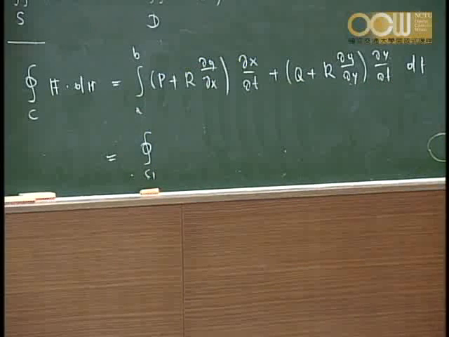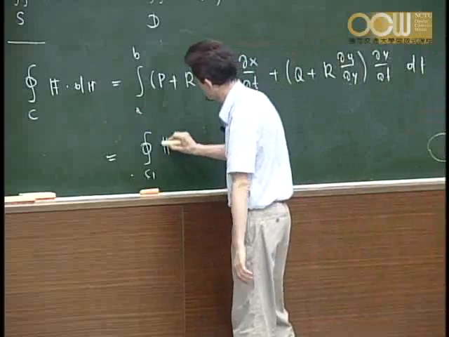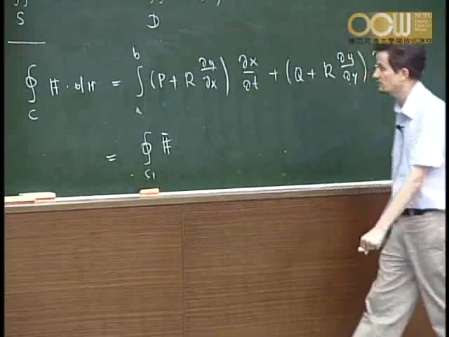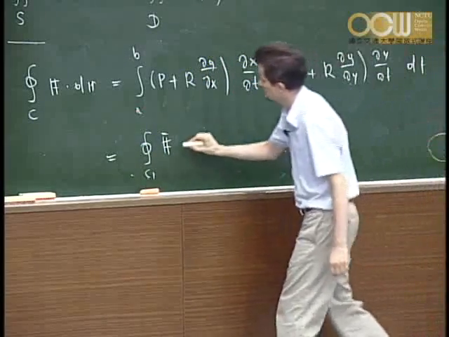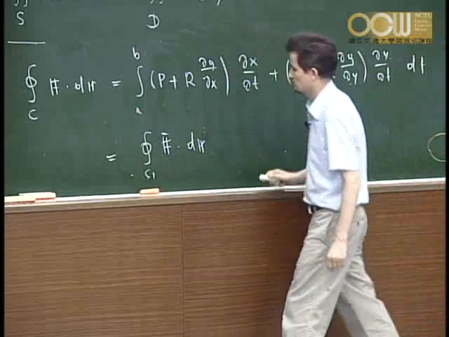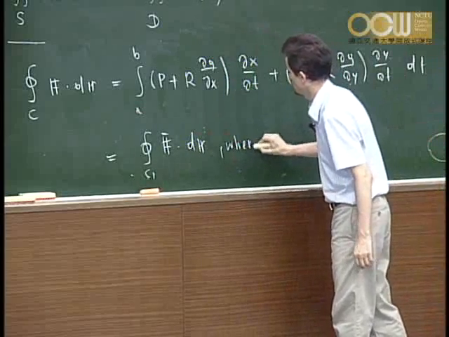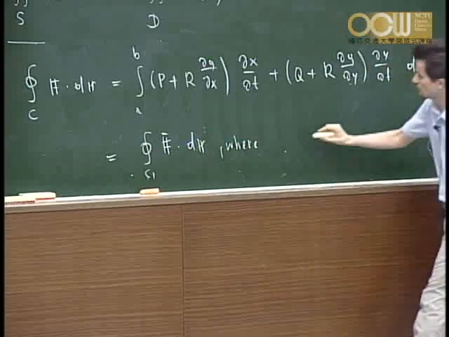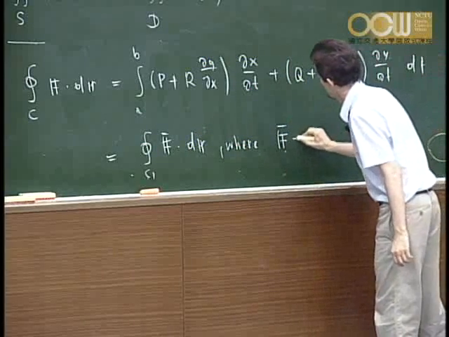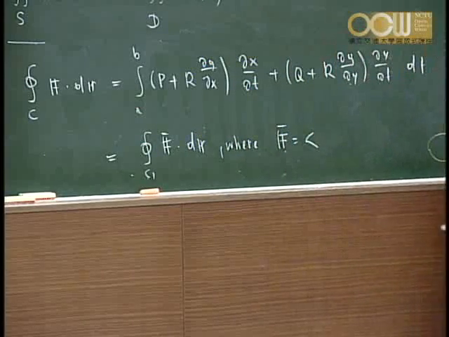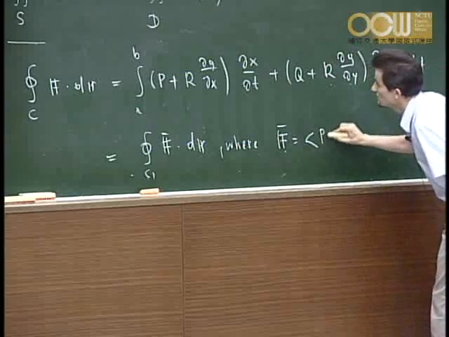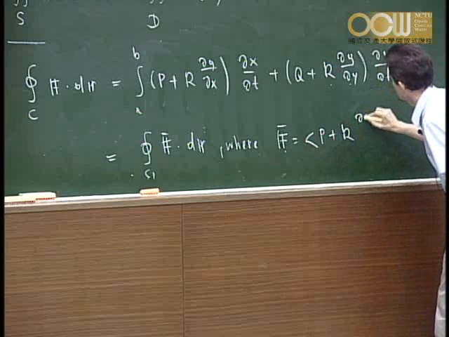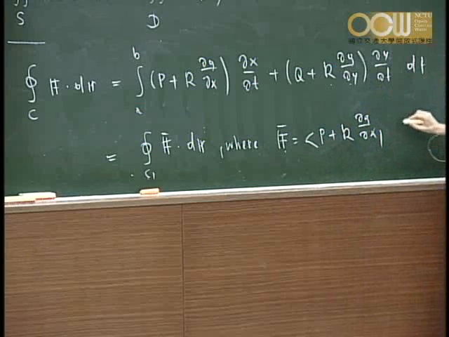Now we are down to the xy plane, and maybe I write here some vector function, but this is a two-dimensional vector function now, times, where this here has this and this component vector field. So p plus r times, and q plus r times.